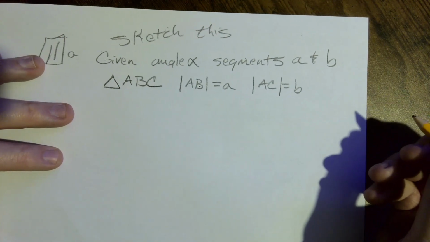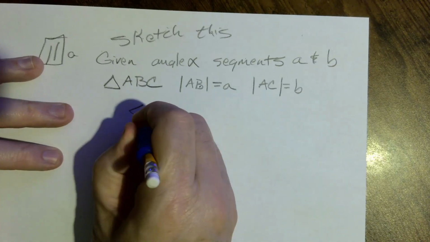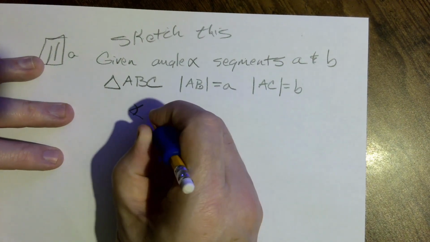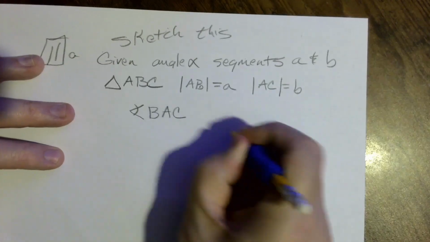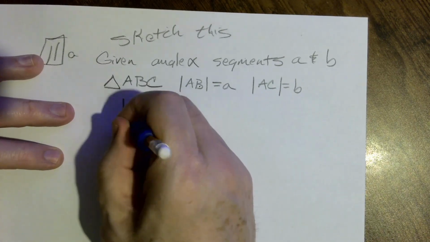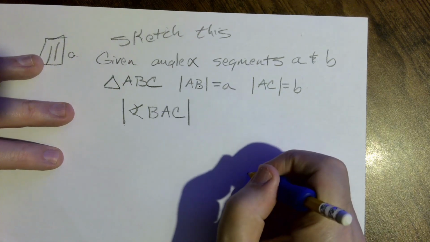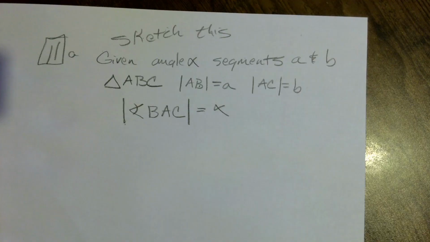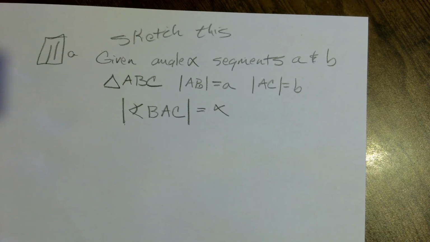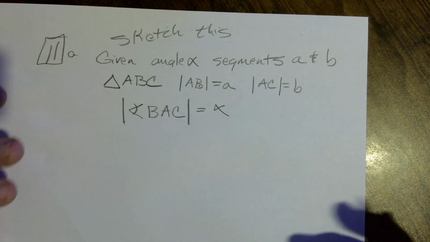And what else? Angle BAC, the measurement of that, I want that to be equal to alpha. Okay, so we don't know what the degrees are or what they want.